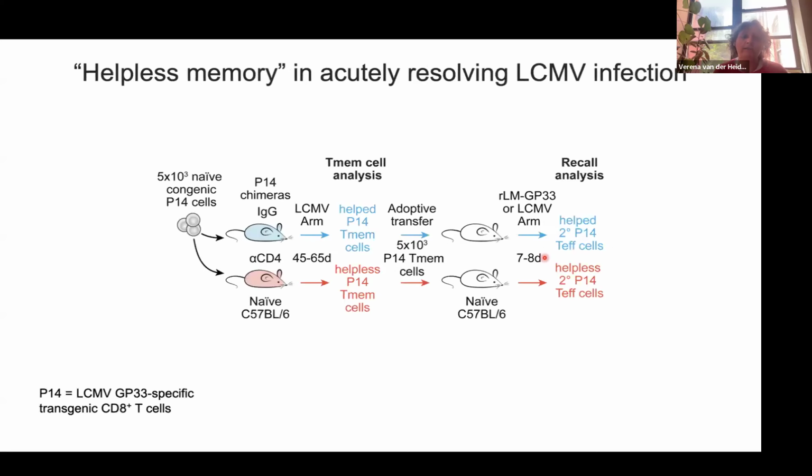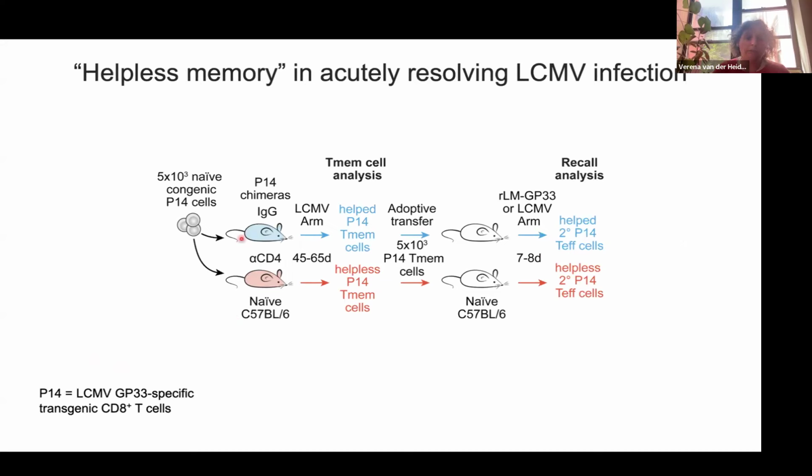To test this, we used the LCMV system, which stands for lymphocytic choriomeningitis virus. We use the acute version of this virus, which usually resolves within 8 to 10 days after infection. To probe the T cell response, we make use of a transgenic T cell line called P14. These are mice that all express CD8 T cells that recognize a dominant epitope of the LCMV glycoprotein called GP33.